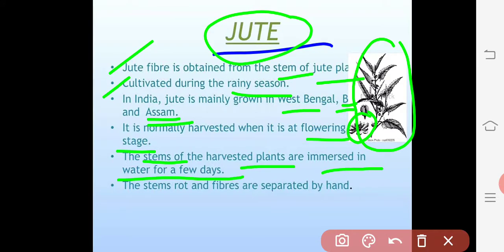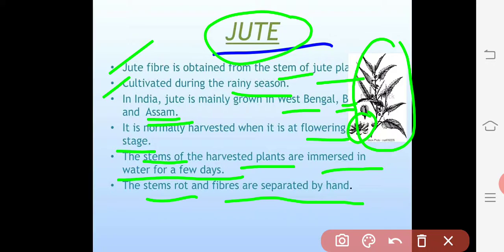Whatever stems we cut from these plants, we have to immerse them in water for a few days. Now see, the stems rot and the fibers are separated by hand. When the stems rot, we can easily separate the jute fibers from the jute plant by hand.